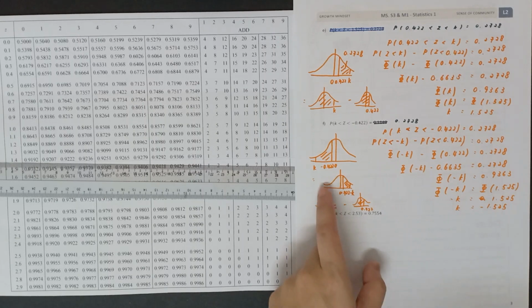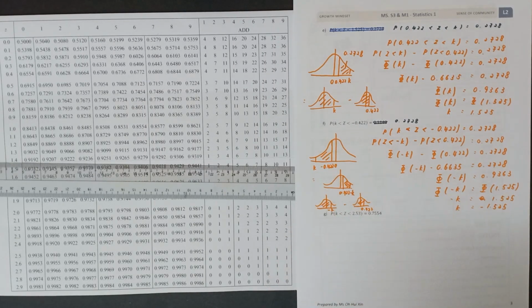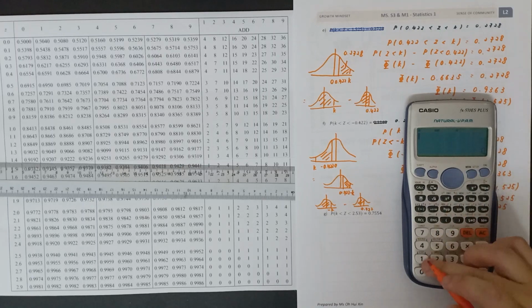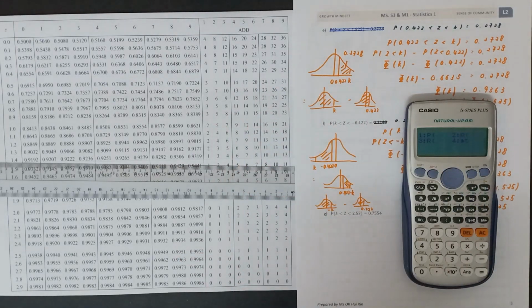Okay, so this is correct, because K is a negative value and this value should be smaller than negative 0.422. If you want to check your answer, you can always check it with your calculator. I'll check the first one, using the right side.